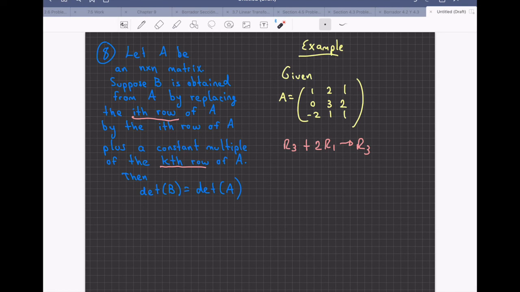So let's do it. I'm going to change only the row 3. So row 1 is the same, and row 2 is the same. Now row 3. 2 times row 1: 2 times 1 is 2, 2 plus -2 is 0.